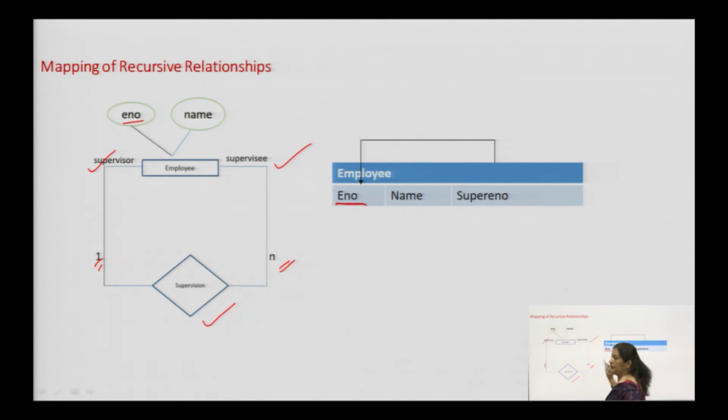The key will be ENO, which is the key of the entity type, and we will have a super ENO, that is super ENO over here means the ENO of the supervisor. It is the ENO of the supervisor, so we will have it here, and this will be a foreign key to the primary key of the employee.